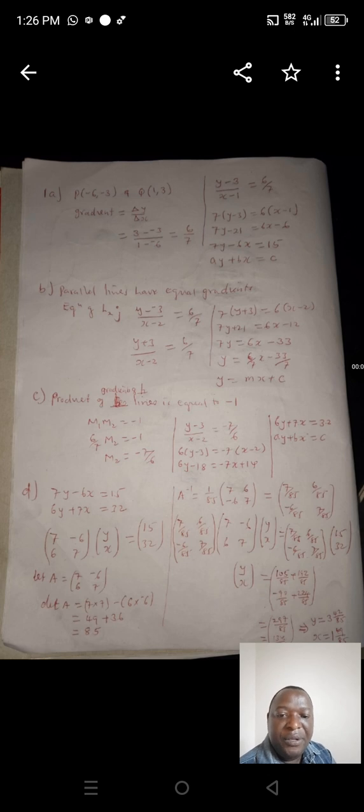So we are also required to find the inverse of this matrix. And how do we find the inverse? We say the inverse is equal to 1 over the determinant, and the determinant is 85, therefore it is 1 over 85, into, we interchange the elements in the leading diagonal. That means the bottom 7 moves up and the upper 7 moves down. Then on the other diagonal, we only change the sign.